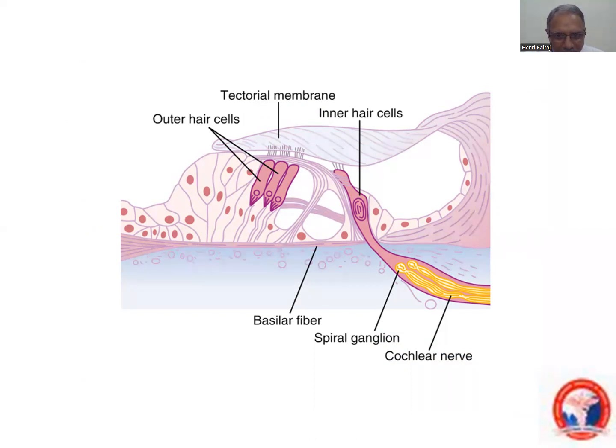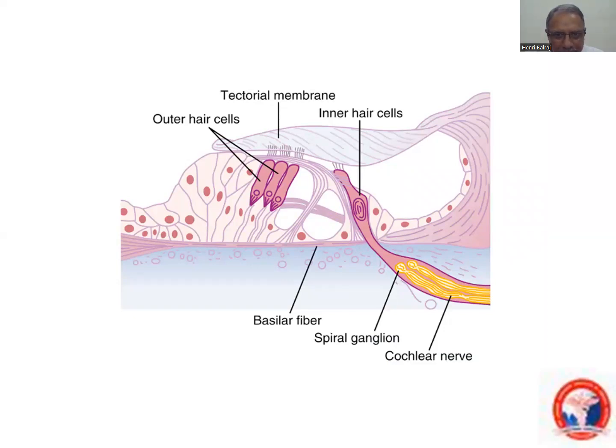The basilar membrane gets displaced by the sound, by the traveling wave in the perilymph and endolymph. This is the basilar membrane, and this is the hair cell with the stereocilia.